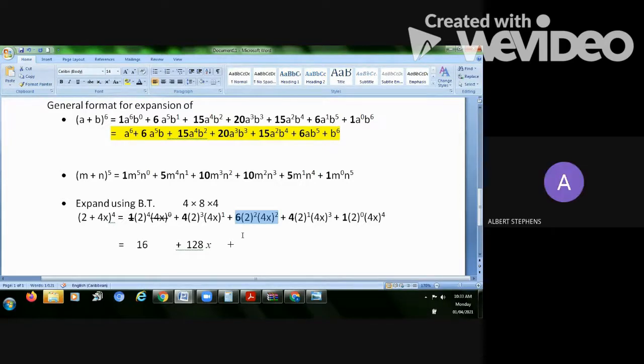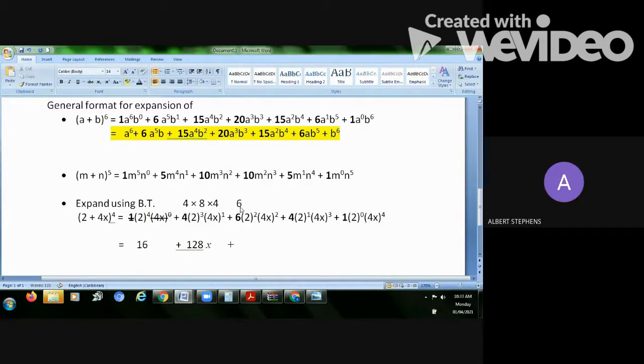No. Hold on. You mess up something right here. What does 4x squared mean? 4 times 4. Okay, which is what? 16. Okay, so you are probably on the right track.